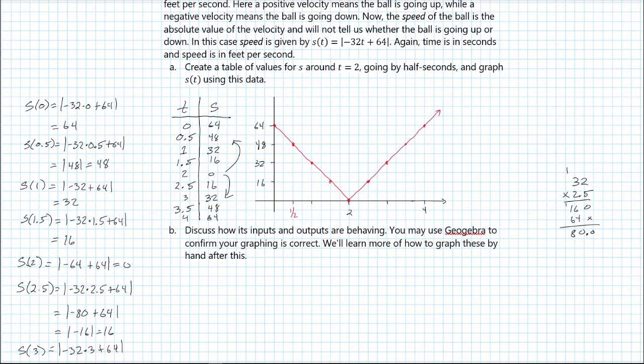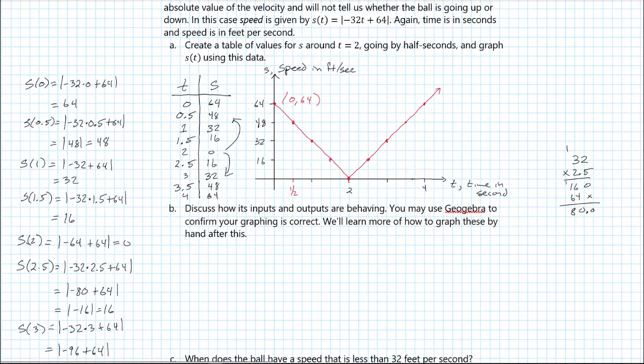All right, we're going to leave the graph starting at the point 0, 64, because that's the moment that we throw the ball. Let's get some units on here. The vertical axis is s for speed in feet per second, and the horizontal axis is t, time, in seconds.